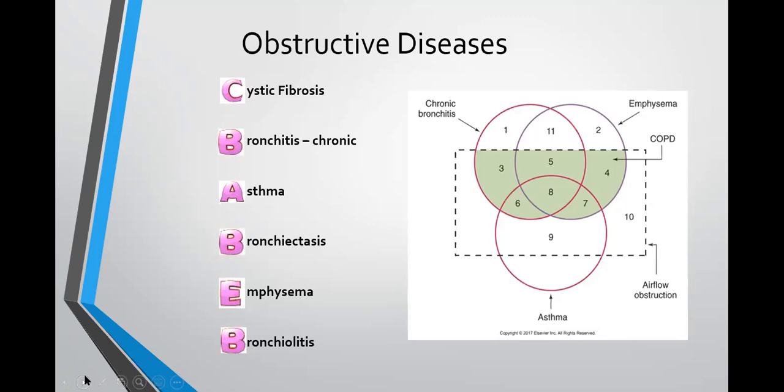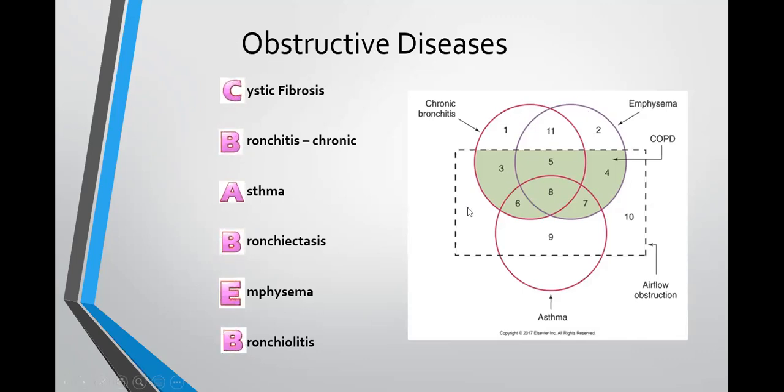E for emphysema. And the last B is bronchiolitis. Cystic fibrosis, chronic bronchitis, asthma, bronchiectasis, emphysema, and bronchiolitis.